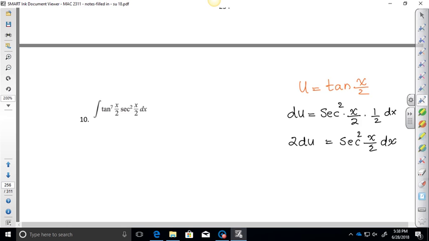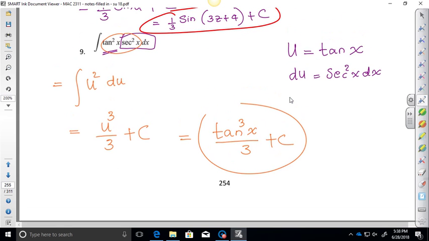Any questions so far? Yes? Why would you do that and not do it the same for the other problems? Why wouldn't you get the derivative of whatever you had? In the last one, you didn't get the derivative of the secant squared. I did. See, u is tan x, du is secant squared x. But for du, you just got the derivative of x over 2, right?